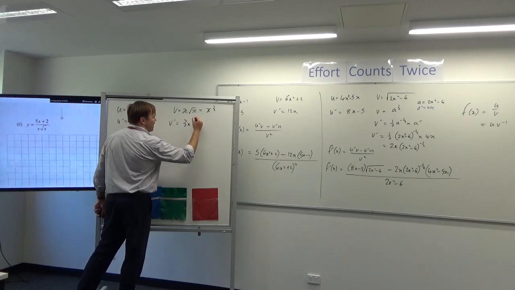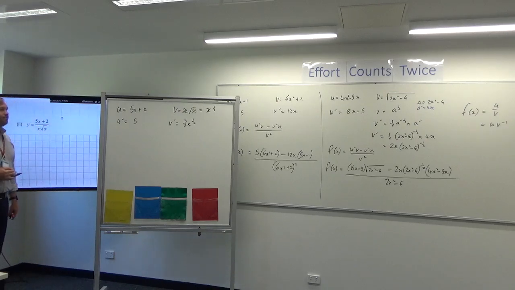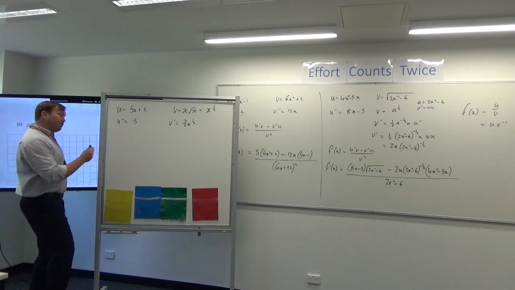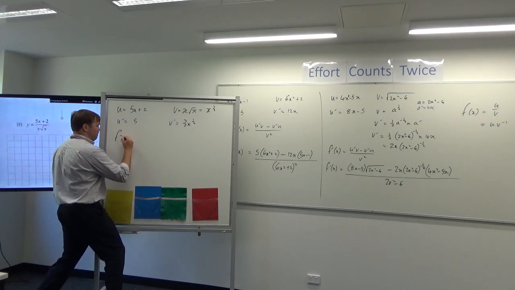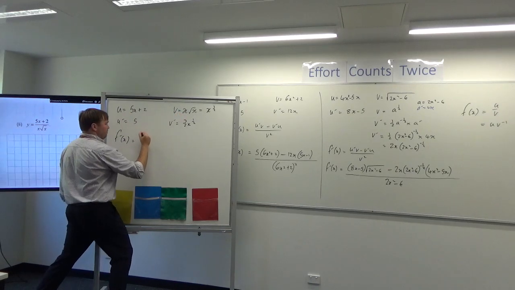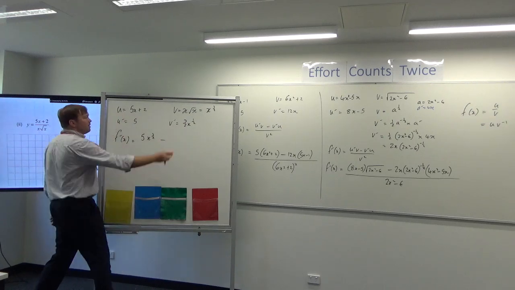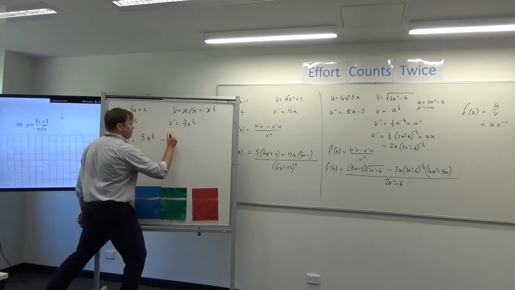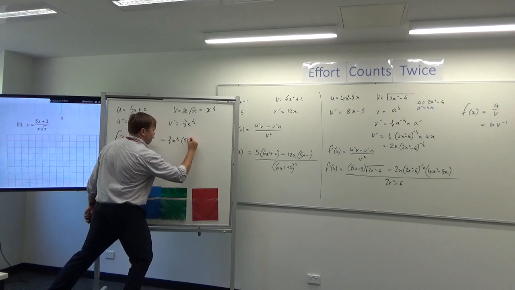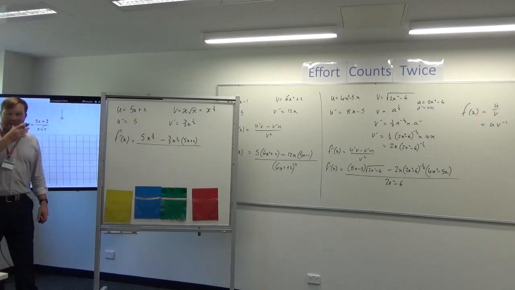3 on 2, x to the half. So drop it back down by 1. Then, because we're living dangerously, I'm not even going to write the rule. u dash v, take v dash u, over v squared.